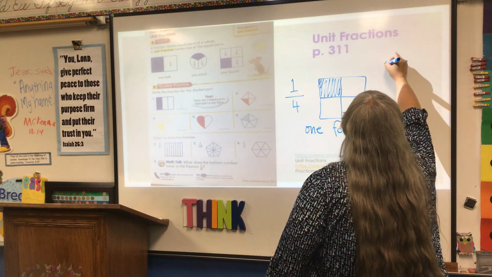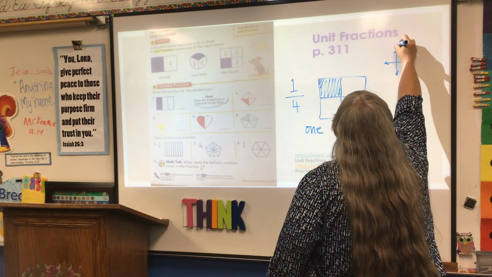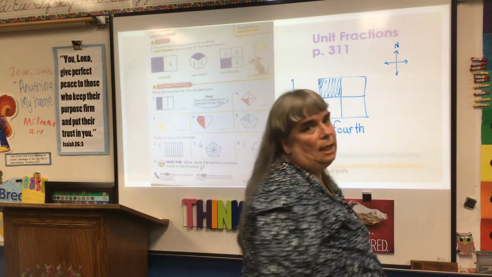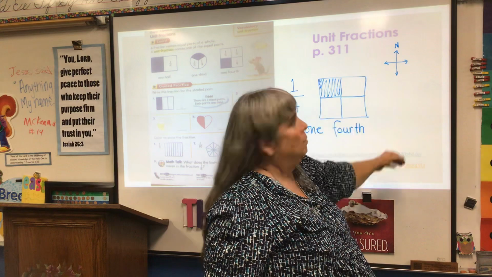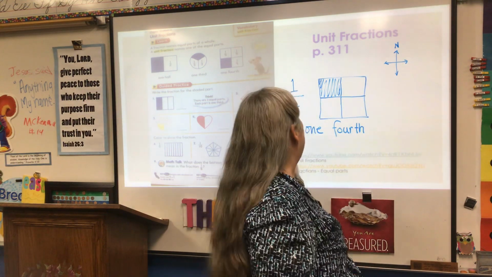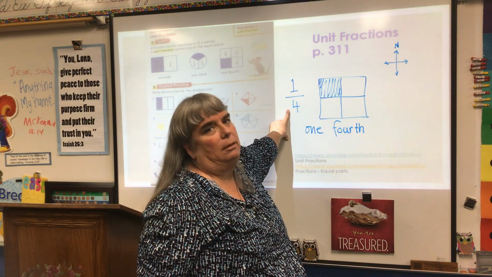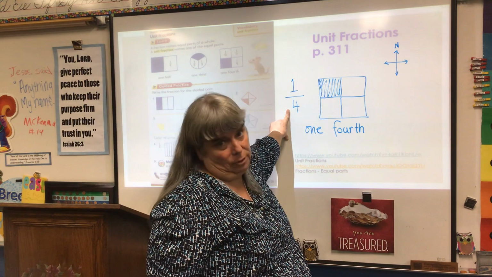We know never eat shredded wheat. And it always starts with an N because N for north on the top, right? So N for numerator. This down here is called denominator because that one's down under.